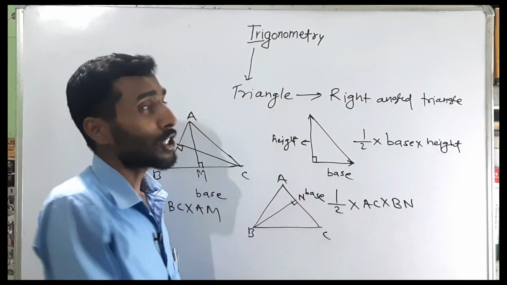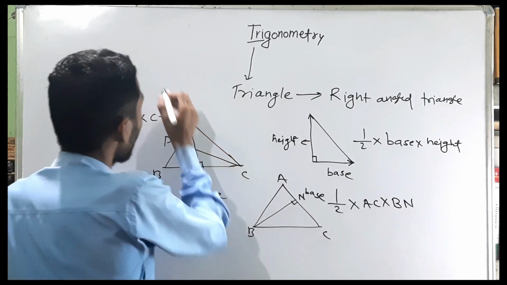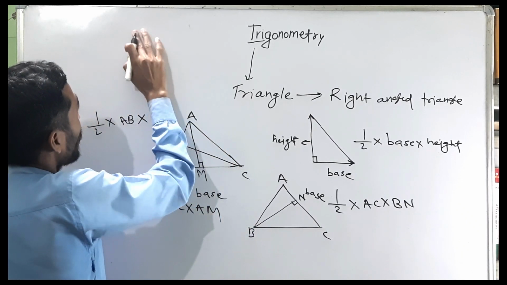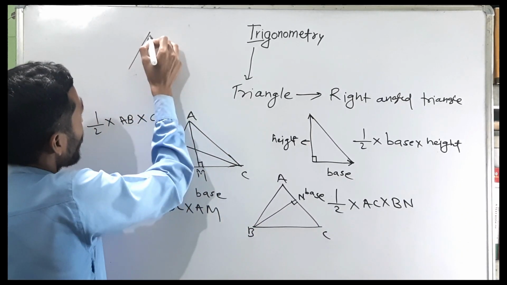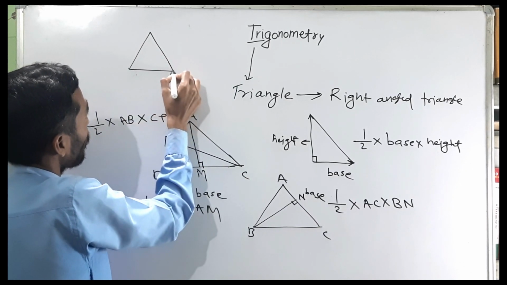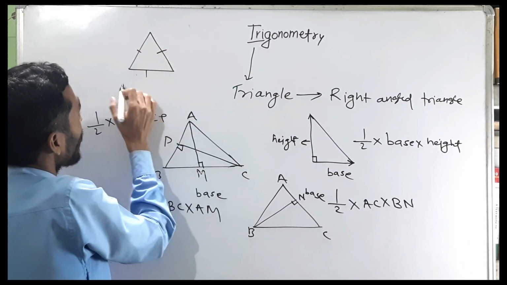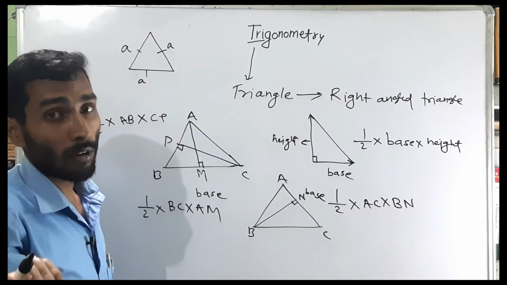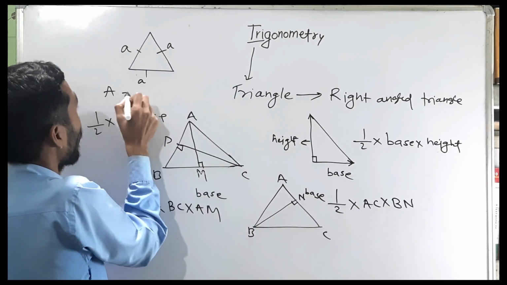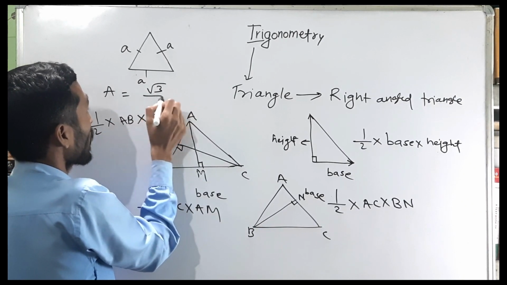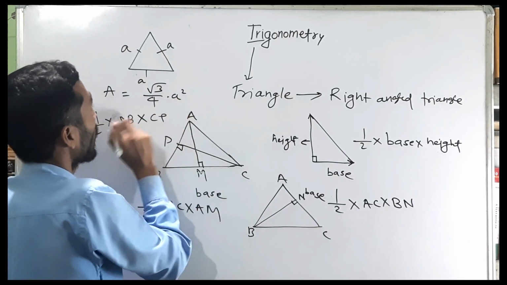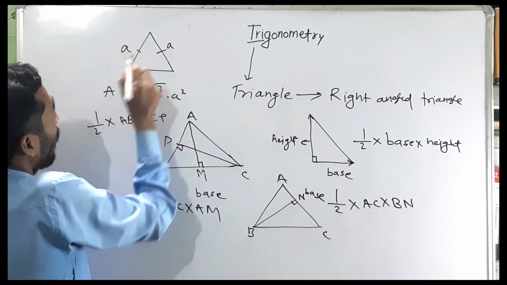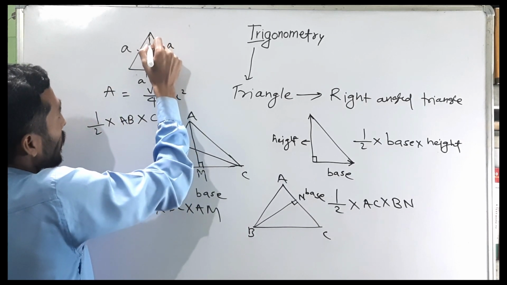On the basis of this property, in an equilateral triangle we find the area of the triangle. A particular formula for the area of a triangle is root 3 by 4 into a square, and the height equals this one.